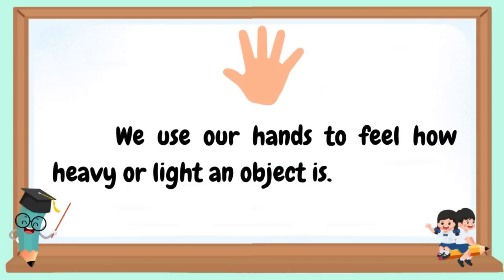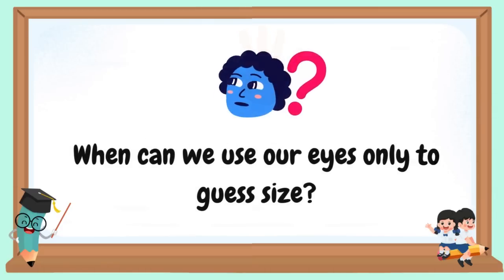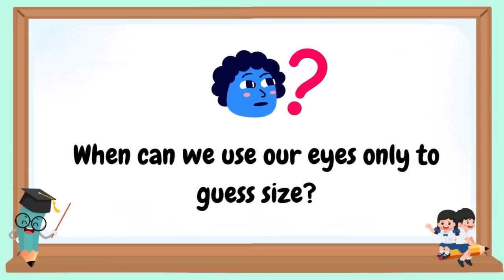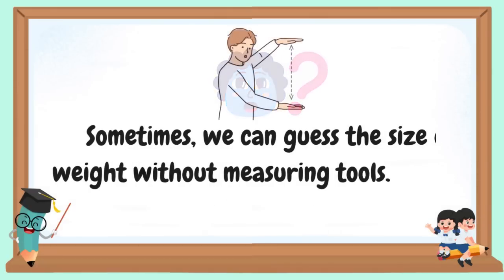We use our hands to feel how heavy or light an object is. When can we use our eyes only to guess size? Sometimes we can guess the size or weight without measuring tools.